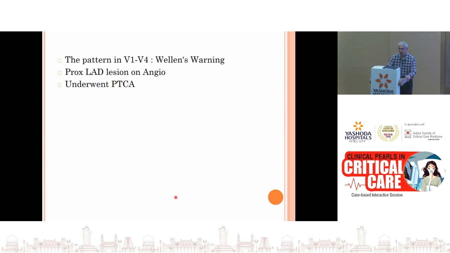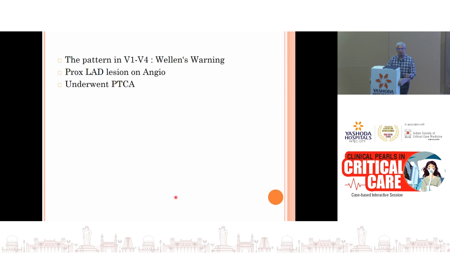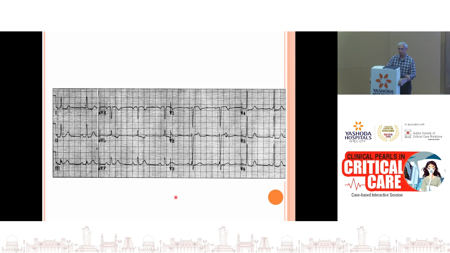So when you see this kind of an ECG rhythm, you have to be extremely fast in acting on this patient because this often predicts a proximal critical lesion of the left anterior descending artery, and this indicates an impending massive anteroseptal myocardial infarction. So these are the patients that need to be referred for a primary PCI as early as possible.